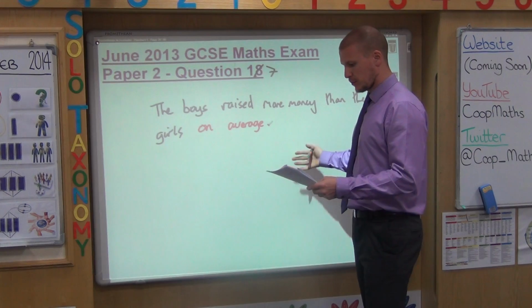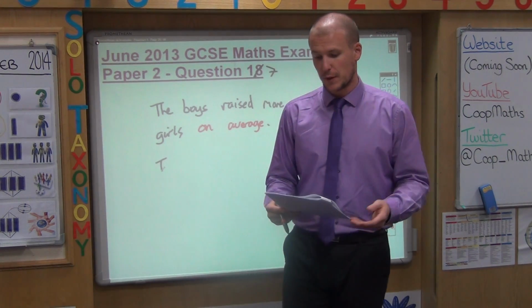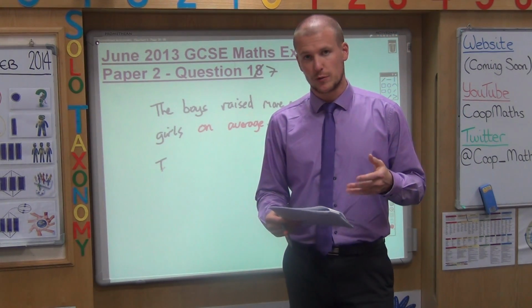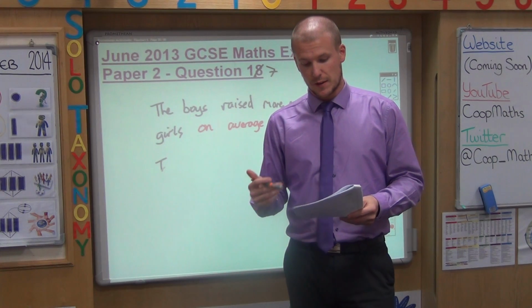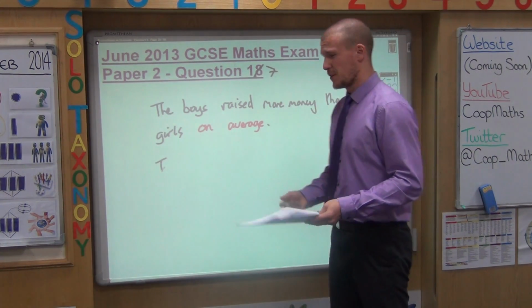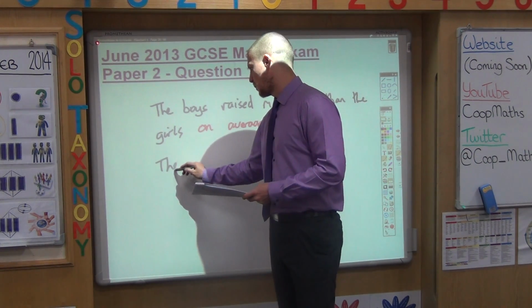The second mark comes from comparing the box plots. You can say that the amount of money raised by the girls was more varied, or you could say the amount of money raised by the boys was less varied, or you could say that the amount of money raised by the boys was more consistent. Any of those is fine. The less or more varied is usually the safest option. Doesn't matter which way you compare.